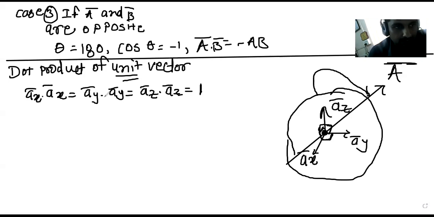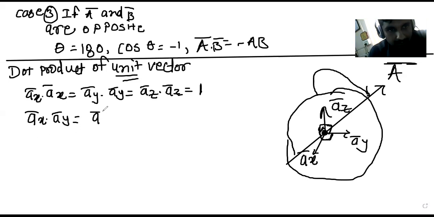Next is, let's say a bar x dot a bar y. Now I'm checking other combinations. What is the value of theta here? It's 90°. They are perpendicular to each other.